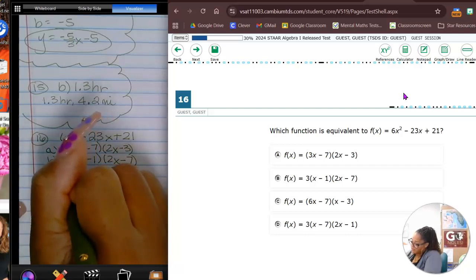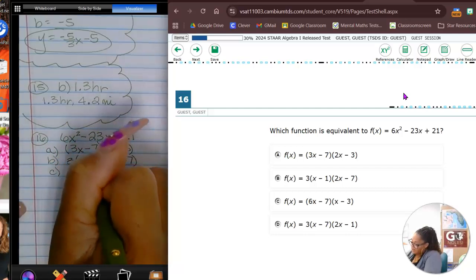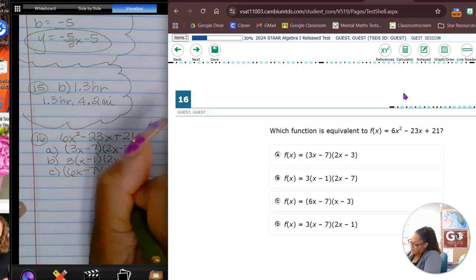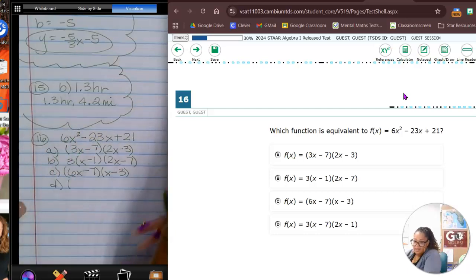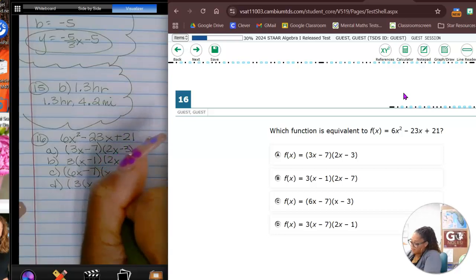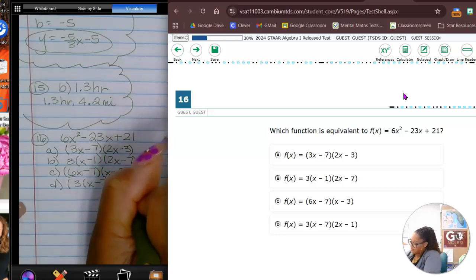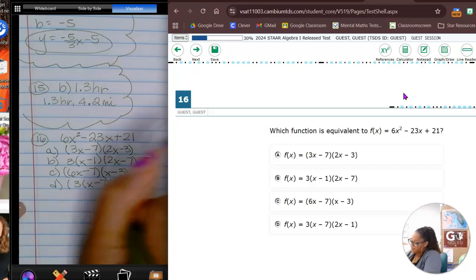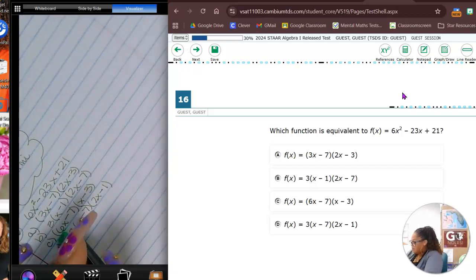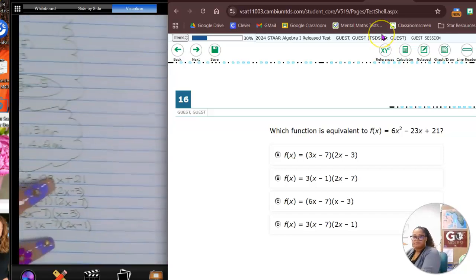C is 6x minus 7 times x minus 3. And D is 3 times x minus 7 and 2x minus 1. I added an extra parentheses there. Get rid of that guy.